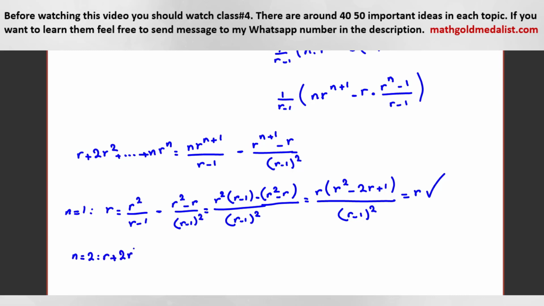r plus 2r squared equals 2r cubed over, let me write this, r minus 1 squared, r minus 1 minus r cubed plus r, right?